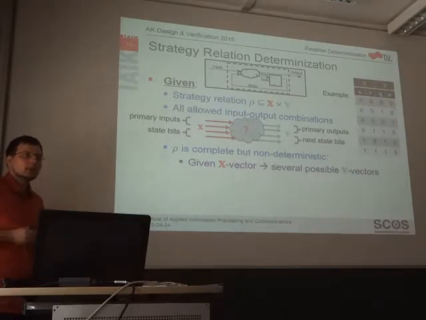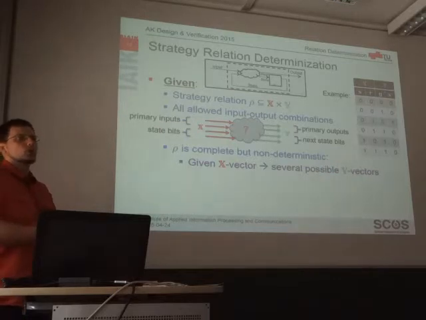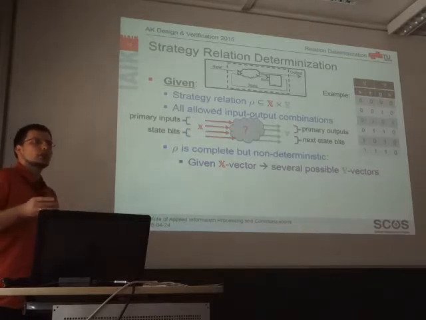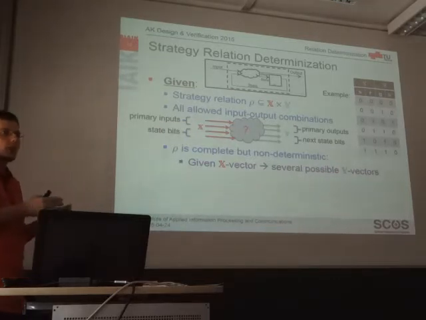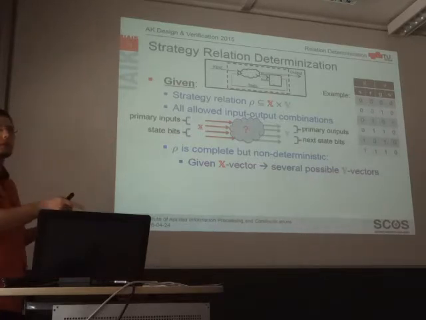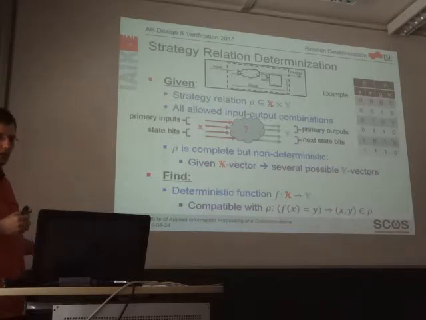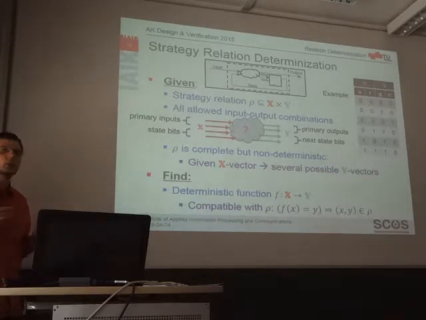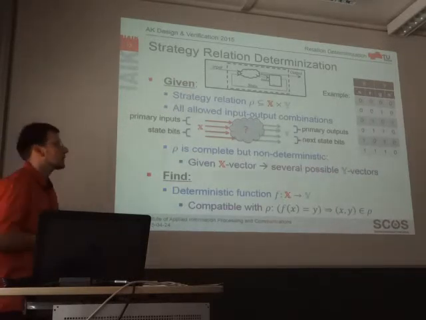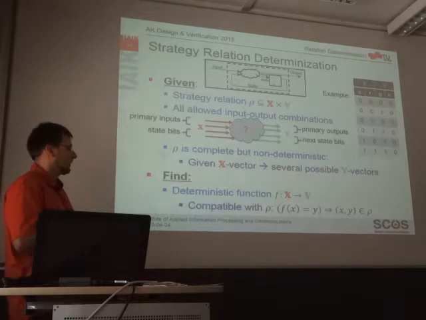So we cannot directly say we want to turn this into a circuit, because we first need to resolve these ambiguities. A combinational circuit can only give you one particular output vector when you present it with an input vector. So what we want is to find a deterministic function f that maps x vectors to y vectors that is compatible with what we have in our relation here.